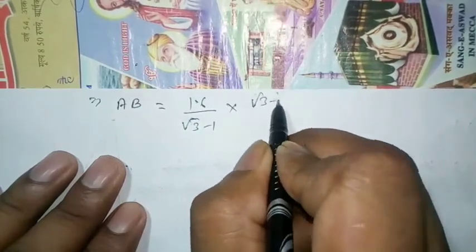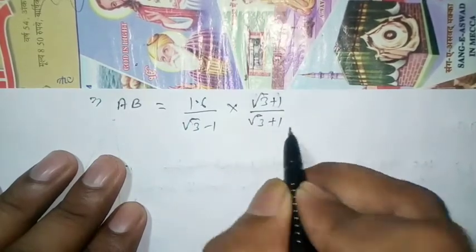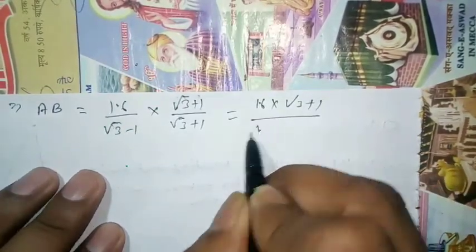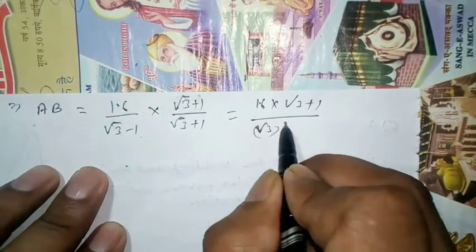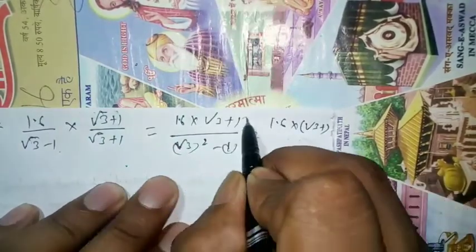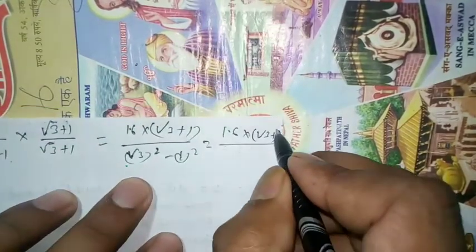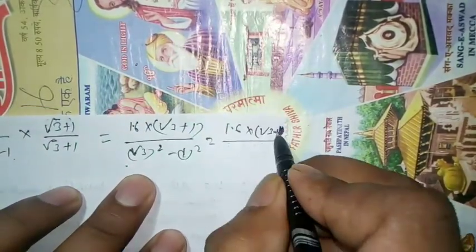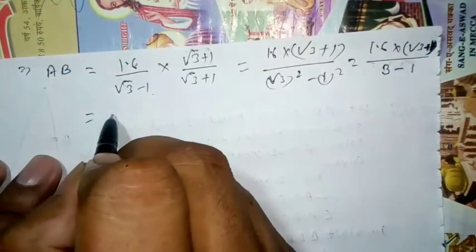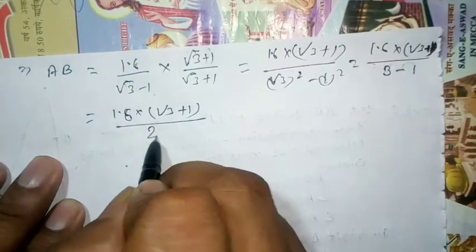We multiply root 3 plus 1 in numerator and also in denominator, equal to 1.6 into root 3 plus 1 by, a minus b into a plus b is equal to a square minus b square, equal to 1.6 into root 3 plus 1 by 3 minus 1, equal to 1.6 into root 3 plus 1 by 2.